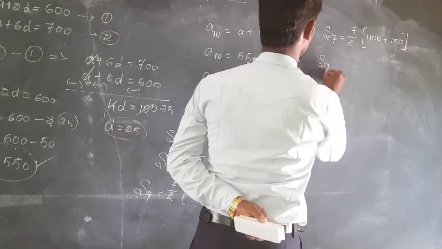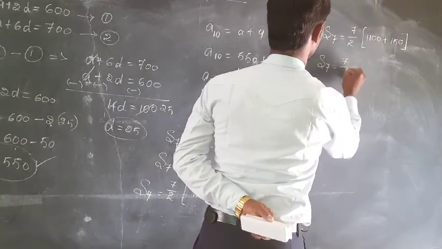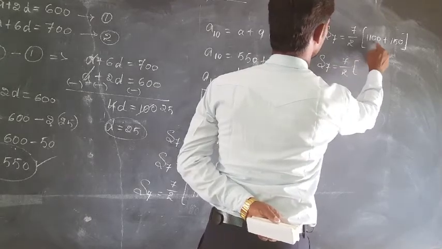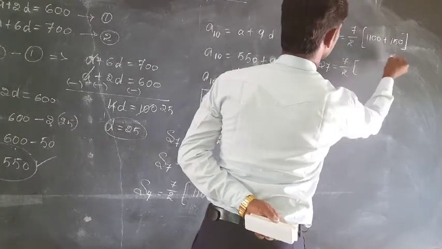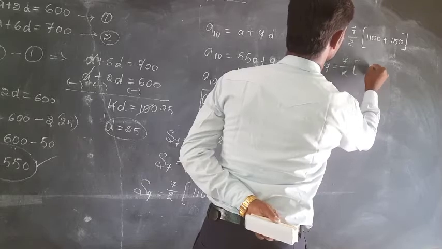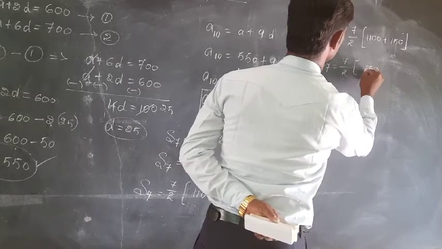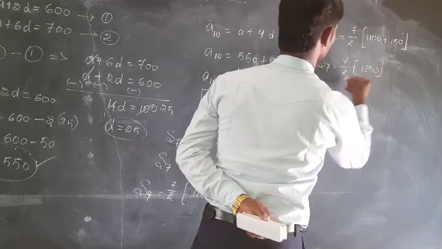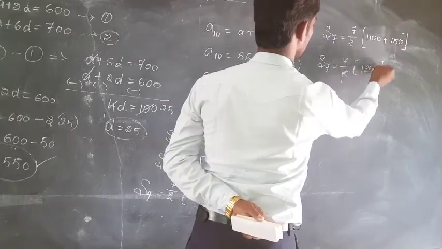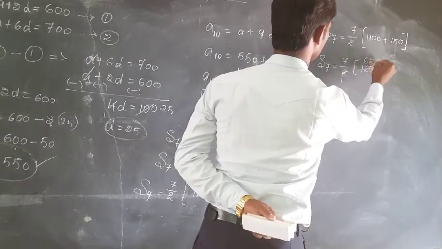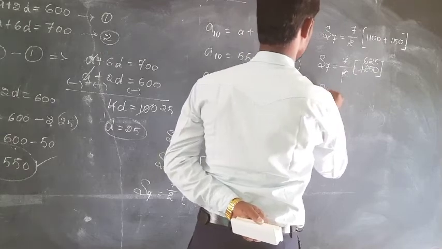That is S7 is equal to 7 by 2 of 1100 plus 150, which is 1250. Dividing by 2: 2 ones are 2, 2 sixes are 12, 2 twos are 4, 2 fives are 10.